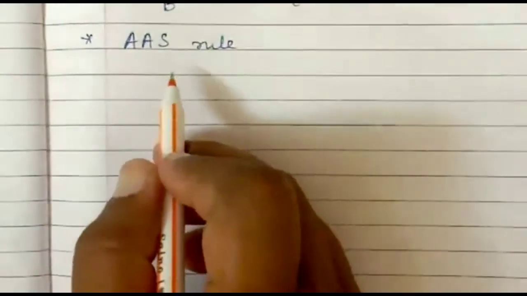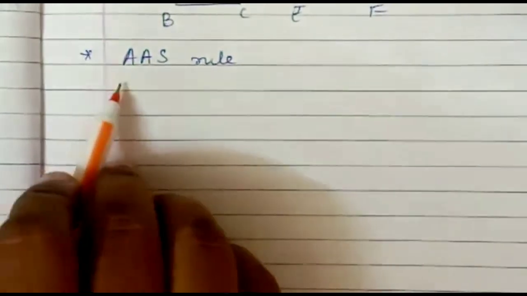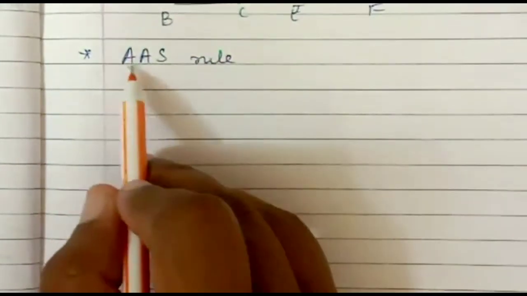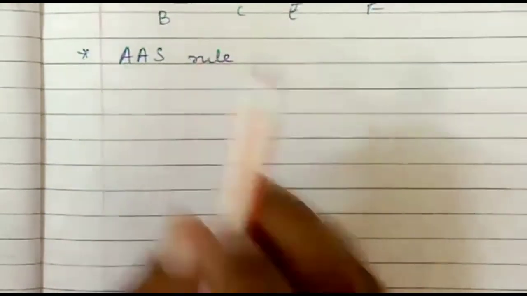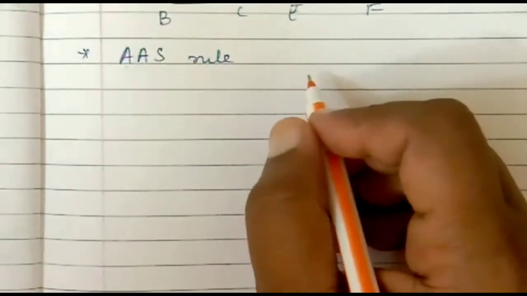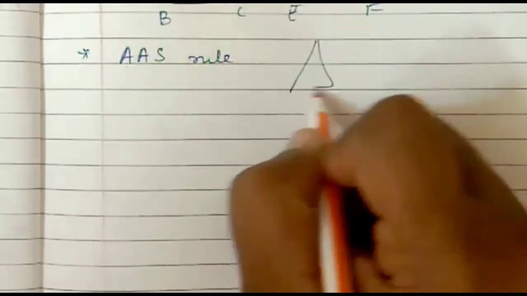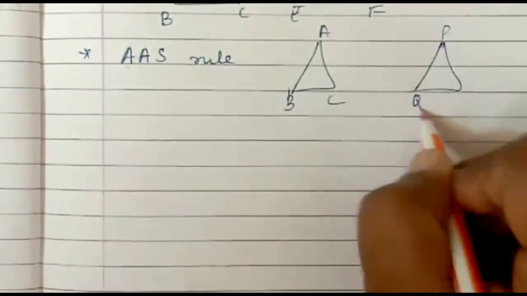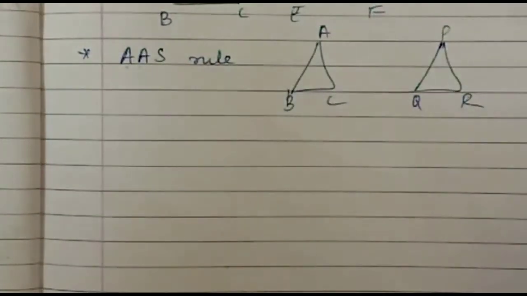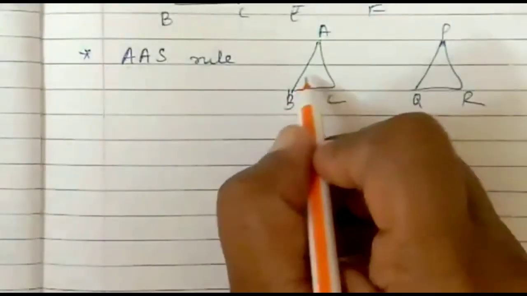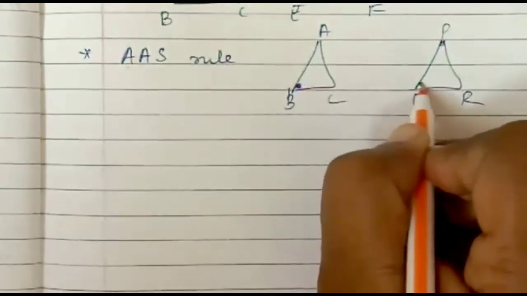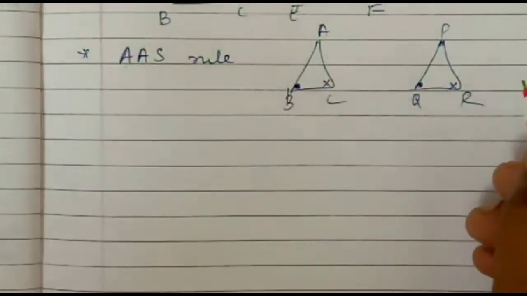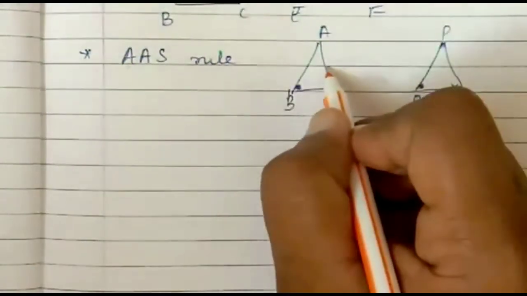So we have a corollary, or a small criterion, a result for theorem number 7.1, that is AAS, angle angle side. It says that suppose you have two triangles, ABC and PQR, they will be congruent if any two pairs of angles are equal, suppose angle B and angle Q are equal, angle C is equal to angle R, and one pair of corresponding sides, any side I can take.